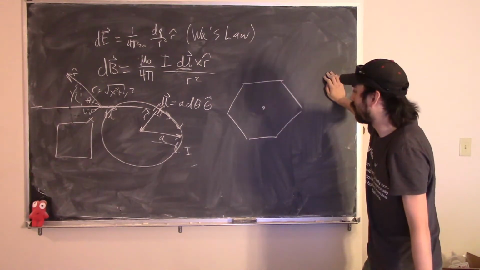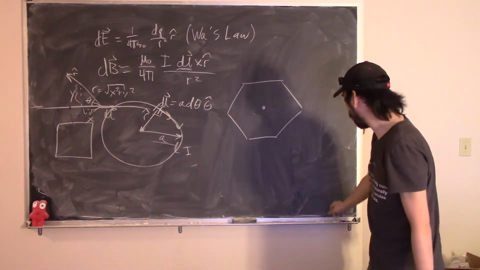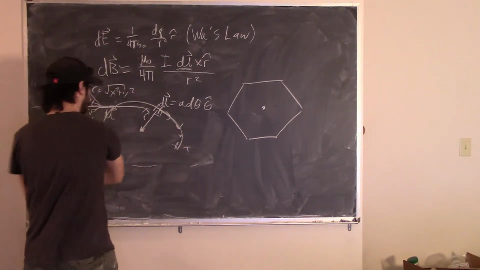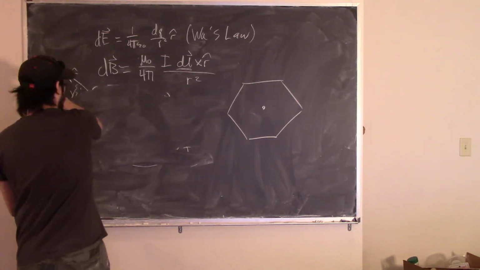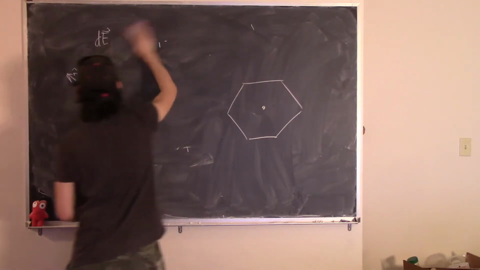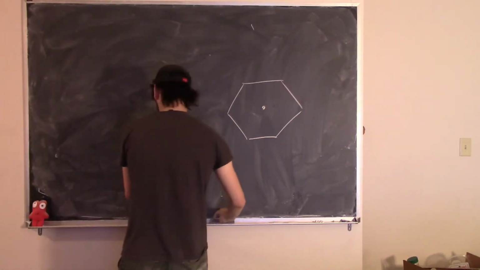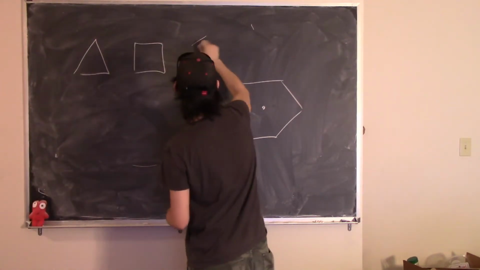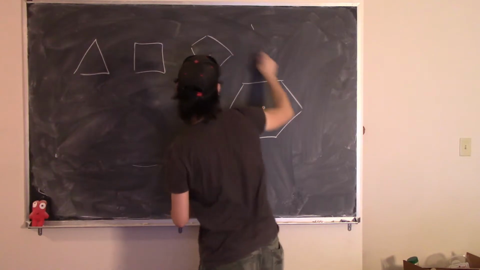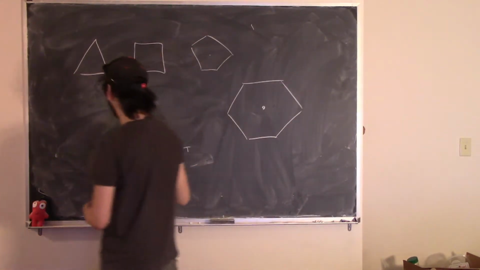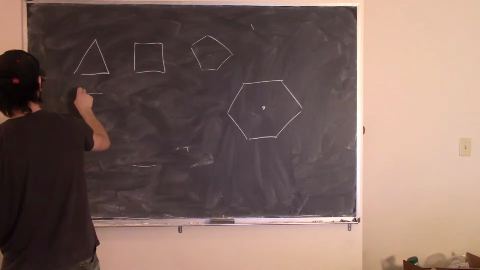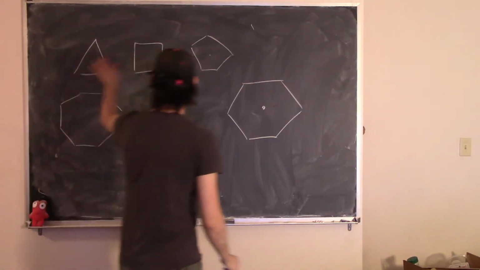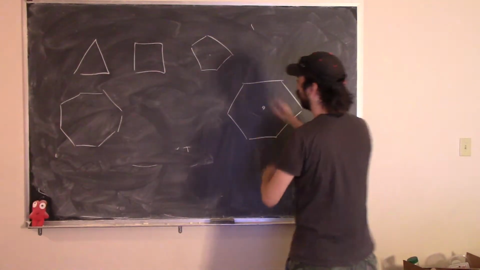And if we wanted to keep going with this, this is me just mathing. So start from a triangle, then go to a square, then a pentagon, then this, then a 7-sided polygon, which I can't draw that well, then an octagon, and then keep this pattern going.